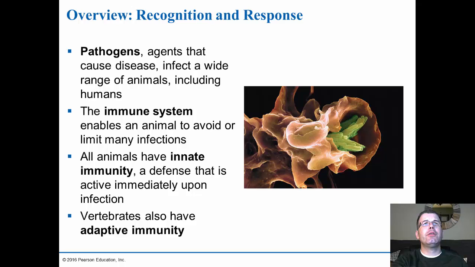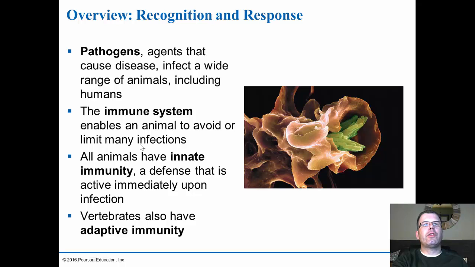So again, pathogens are agents that cause disease, infect a wide range of animals, including humans. And again, really we talk about pathogens as any microorganism or organism that causes disease within humans or other organisms. So causing disease or causing tissue dysfunction, and trigger some of the responses that we see.